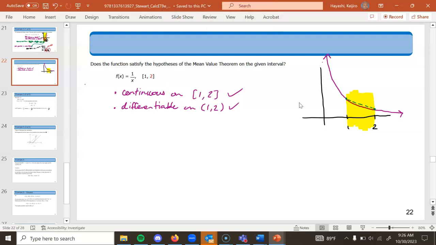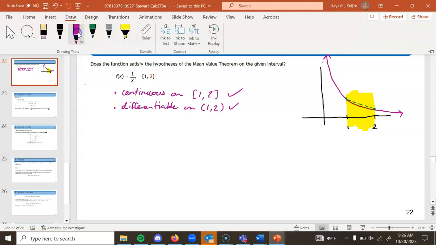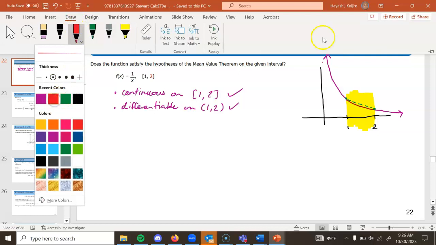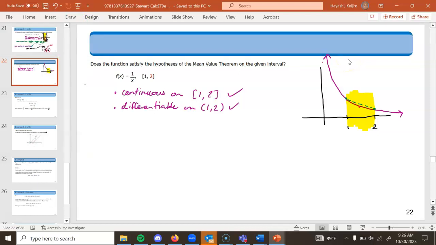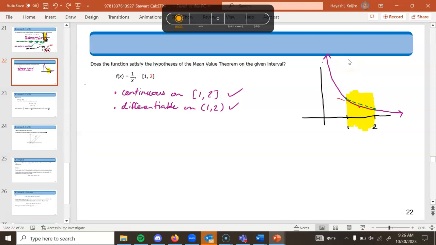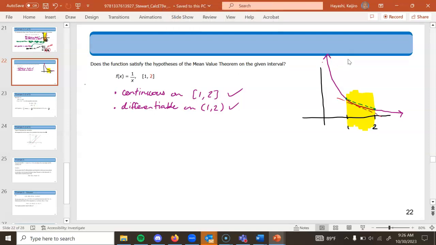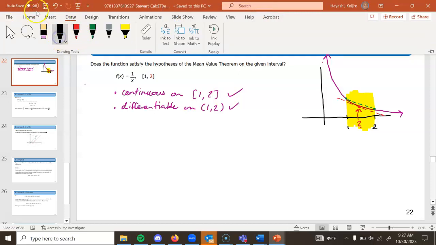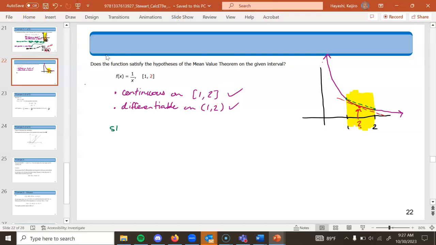And there's clearly going to be some place in between 1 and 2 where the derivative is equal to that slope. So we're trying to find that place. So first we got to find the slope of that secant line so we know what to set our derivative equal to.